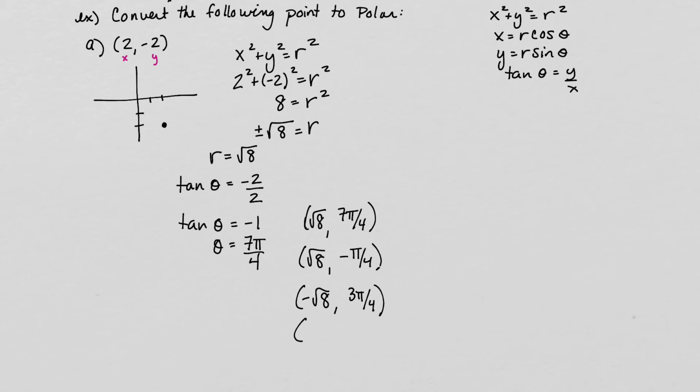You also could have written it as minus square root of 8 comma negative 5 pi over 4. So there's a lot of different ways that you could write the exact same point in polar coordinates. Oftentimes, and Alex will say this, they'll say write it with a positive r and a positive angle. But otherwise, if they don't tell you how to write it, you could use any one of those 4.